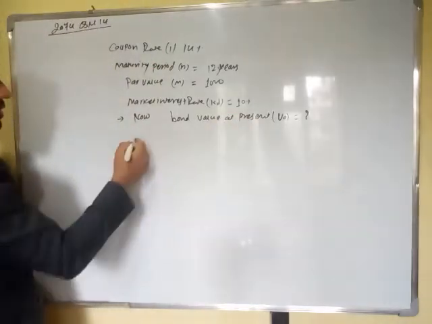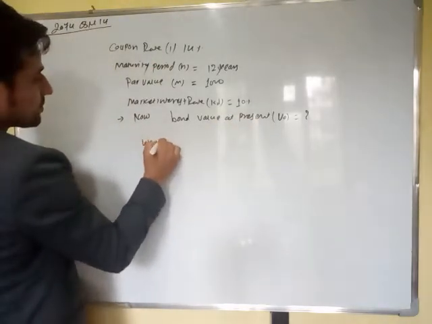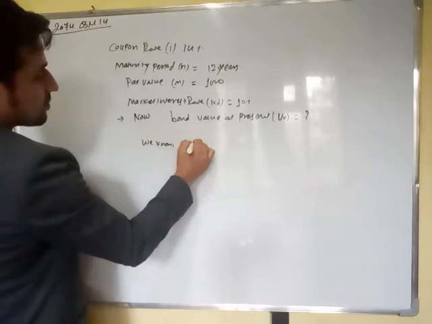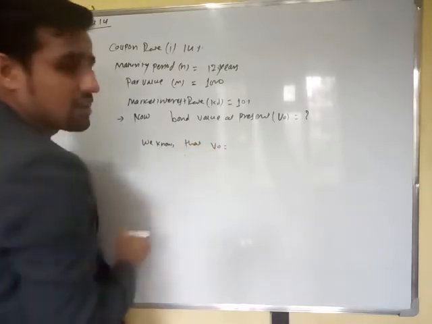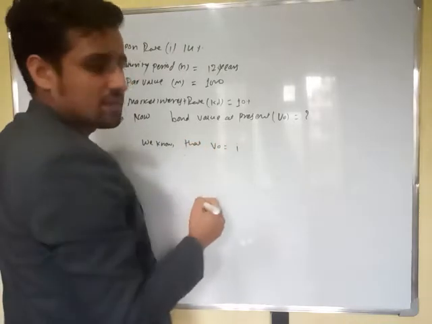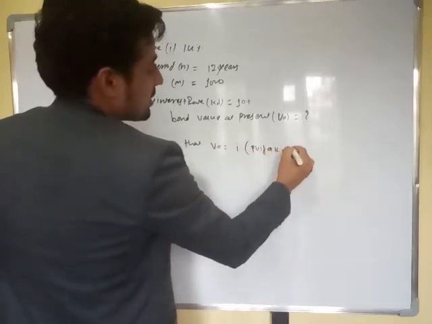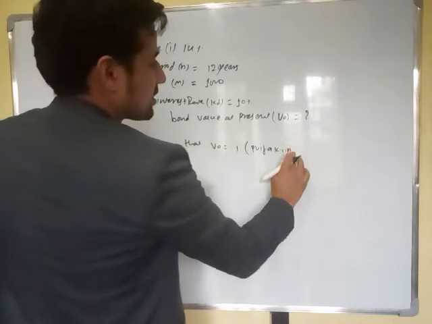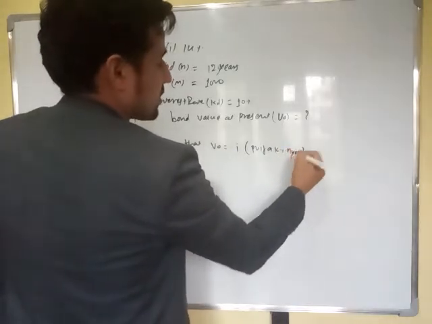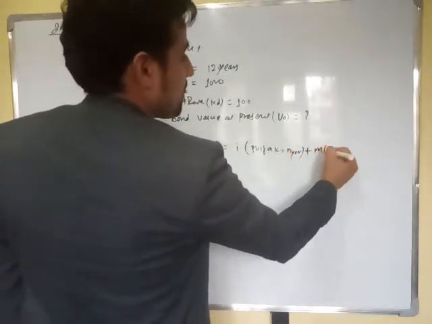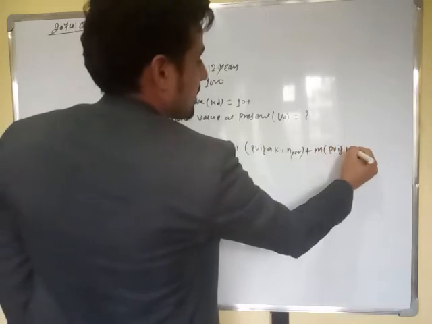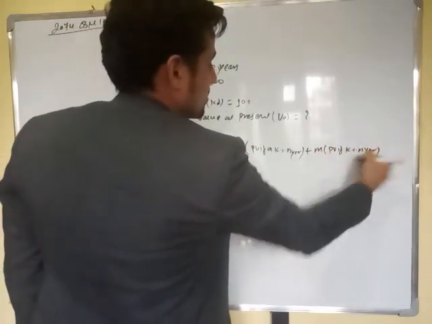We know that B0 is equal to I times PVIFA of K percentage, N years, plus M times PVIF of K percentage, N years.